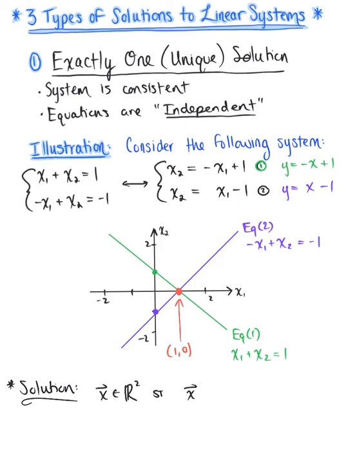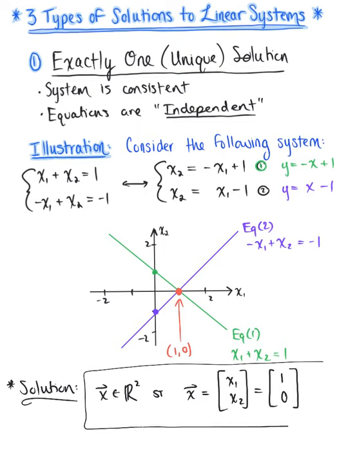We can even define our vector x as a column vector. We have the x sub 1 coordinate and the x sub 2 coordinate, where x sub 1 here is positive 1 and x sub 2, or y, is 0. So we have two distinct or two independent equations with one unique solution, one intersection point. So that's our first case.